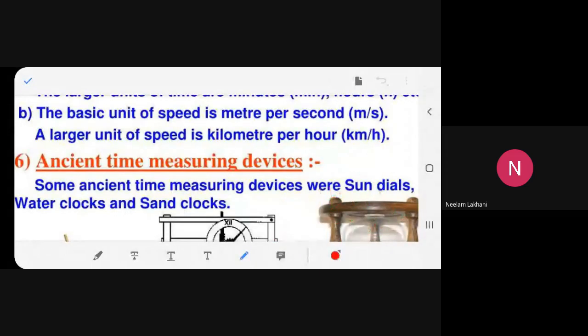So speed is equal to, if I say meter, then which unit will it take? The smallest unit, second. If I take the larger unit, kilometer, what is the larger unit of time, beta? Hour. The smallest unit of distance is meter. The smallest unit of time is second.